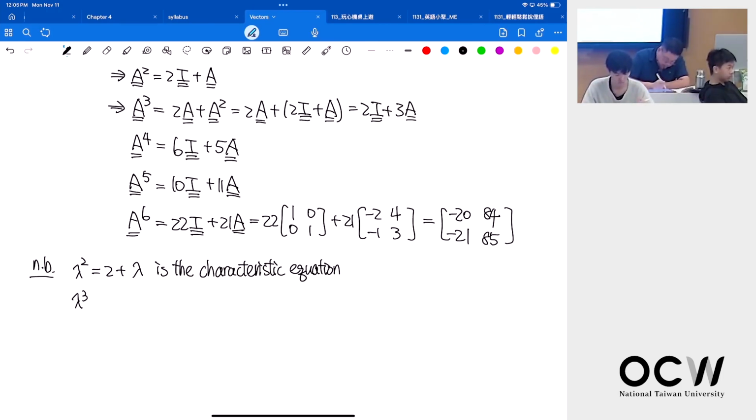Then lambda cube will be 2 plus 3 lambda.